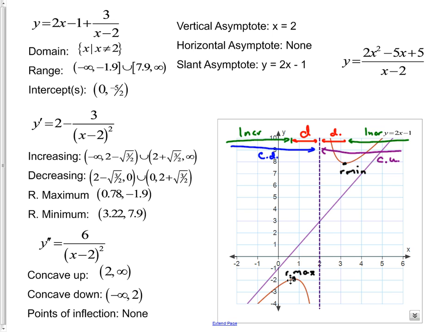It's decreasing along that line towards the vertical asymptote. That's a great graph. This is an example of the kind of thing that we can do with these derivatives. Good luck with your graphing.